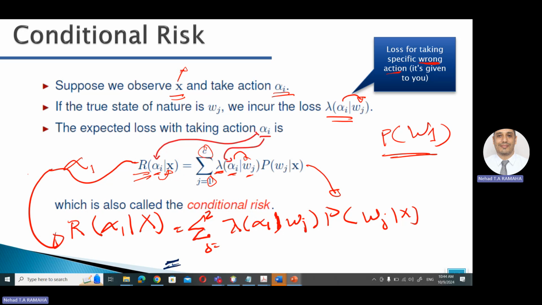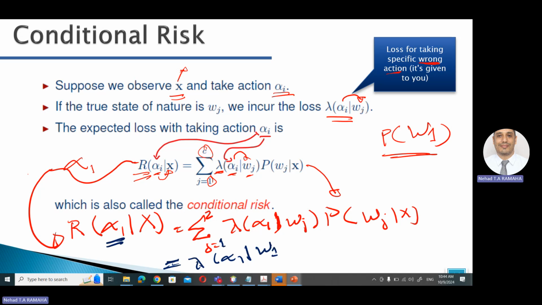Now I will calculate this summation. It equals lambda alpha 1. Why alpha 1? Because we take the risk of alpha 1, yes?